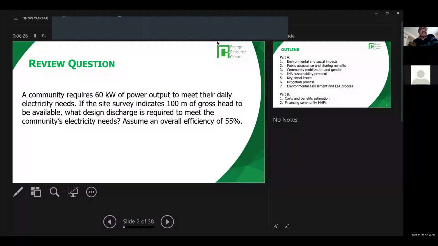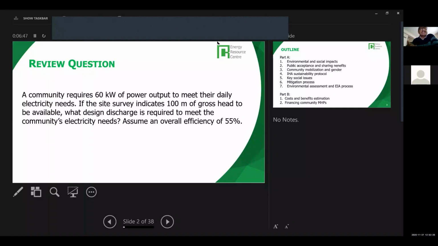And now we have a site which has 100 meter of gross head available. We see one small river where we can divert this river through a pipe or a canal and get this 100 meter of gross head.